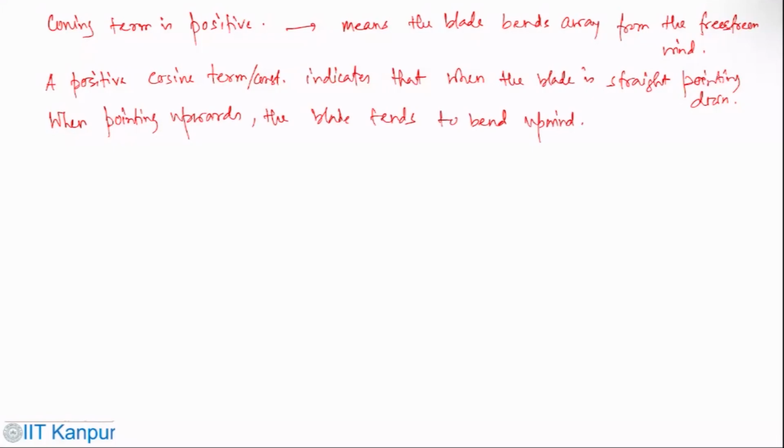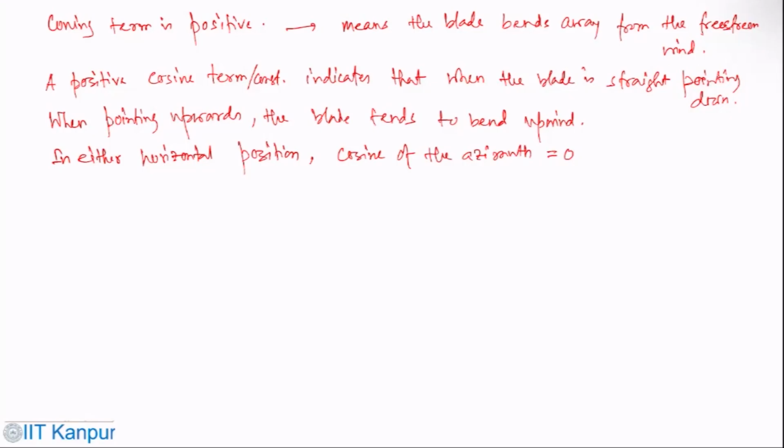In either horizontal position, the cosine of the azimuth is 0.